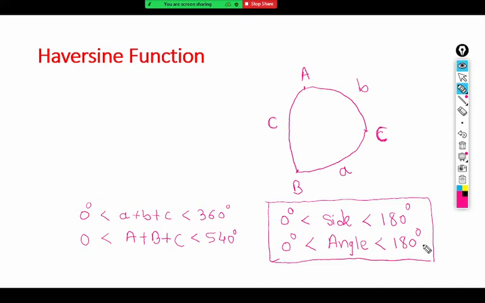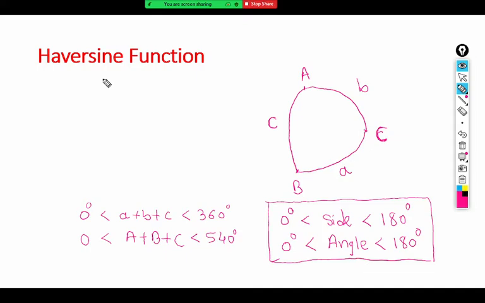Now, there are two trigonometric functions defined with respect to the circular functions, that is, in trigonometry we have sine and cosine. If we observe in the range 0 to 180 degrees, our theta, that side or angle, is up to 180 degrees. So theta equal to 0 to theta equal to 180 degrees, that is the first two quadrants.